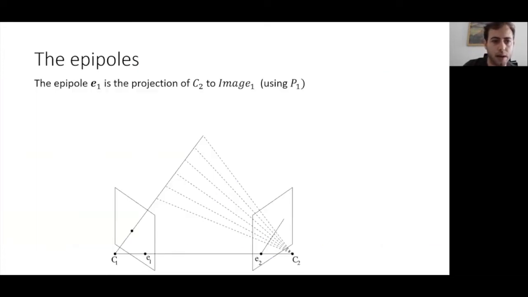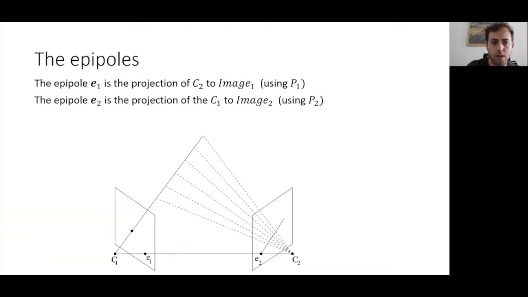Okay, so the projection of camera center 2 to image 1 is called epipole 1, and the projection of camera center 1 to image 2 is called epipole 2. And all the epipolar lines in one image pass through the epipole point, as we saw in the example.